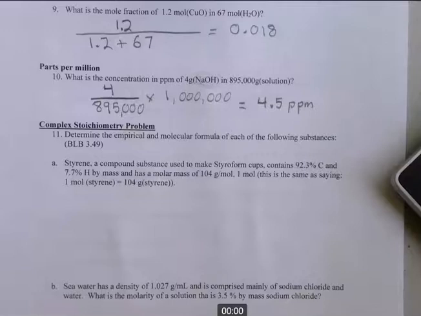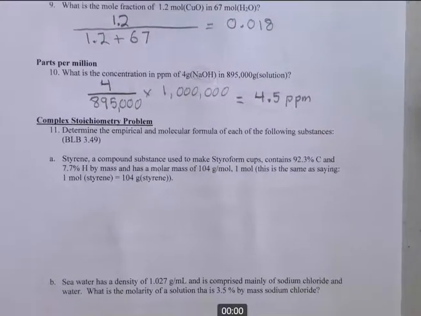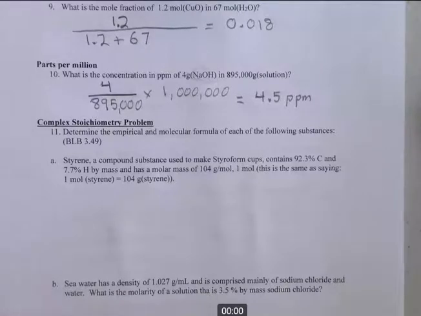Okay, we're going to do a couple of complex problems, which the word complex in this context just means it ties several concepts together. You might find them to be complex, but it really just means they tie several concepts together. Okay, so styrene, a compound used to make styrofoam cups, contains 92.3% carbon and 7.7% hydrogen by mass.